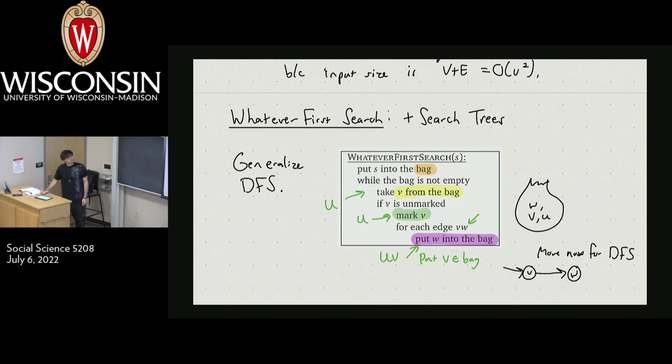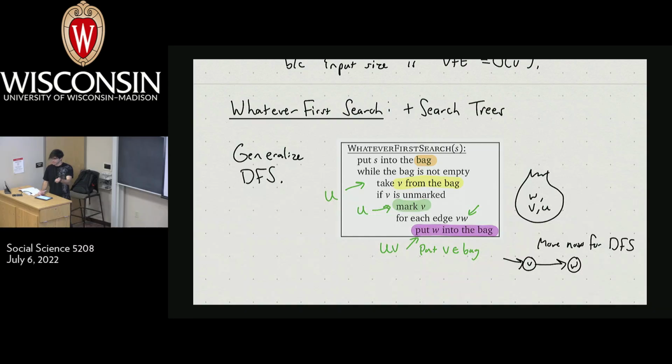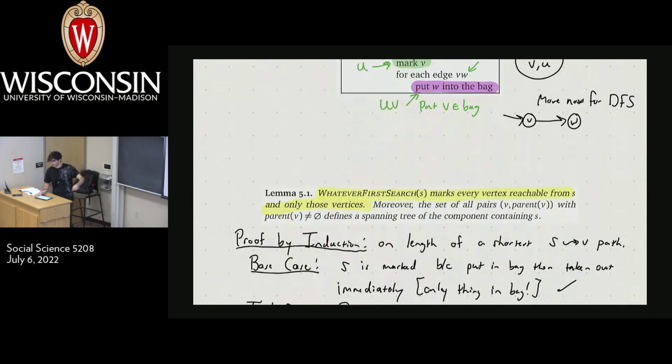And now because our bag is finite, eventually we're going to take V from the bag. So each time we're only looking at unmarked vertices. So eventually everything else in the graph will be marked except for V. So eventually we have to take V from the bag, at which point we know it's unmarked and so we mark it.